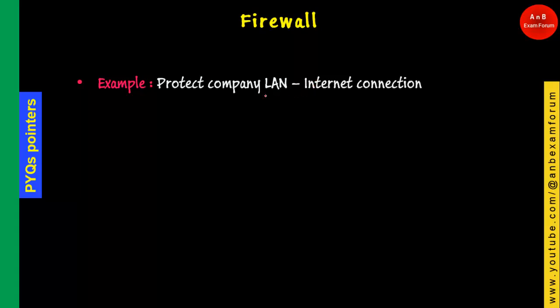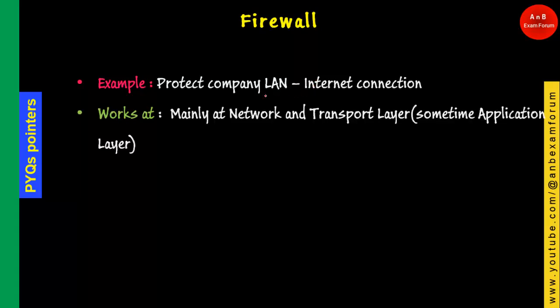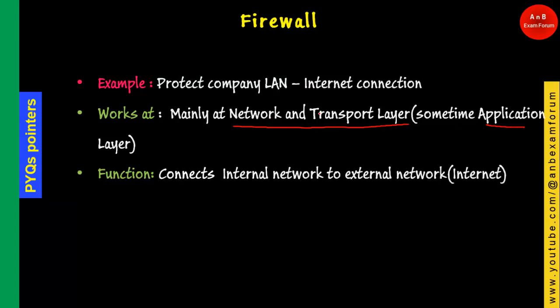In that case you need a firewall. Basically a firewall works at the network and transport layer, and sometimes the application layer. But the main point is that it works at the network and transport layer. And as I told you, it is going to connect the internal network to the external network. The internal network is your local area network, whereas the external network is the internet.